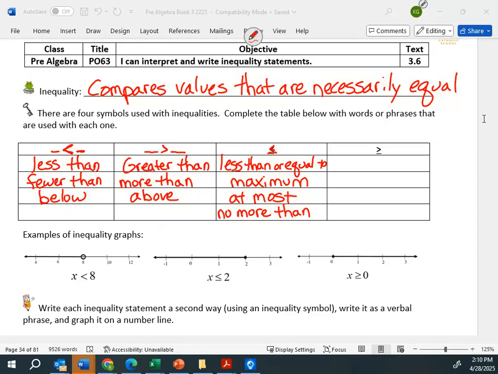So the opposite would be greater than or equal to. And that would be the minimum amount. In order to pass the class, you need to get 80%.